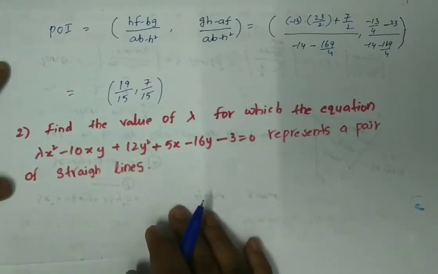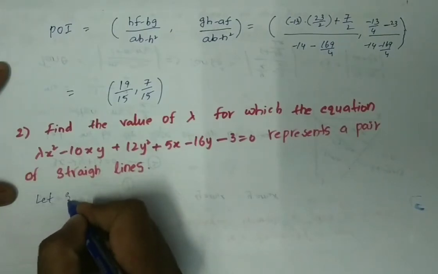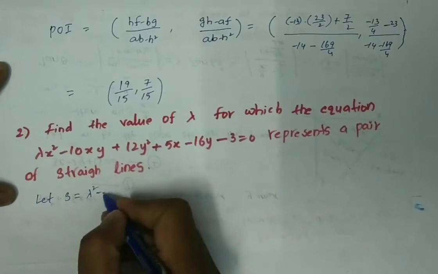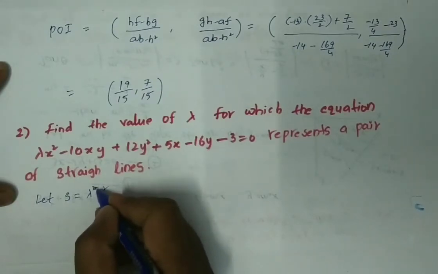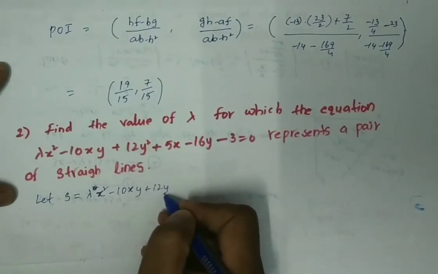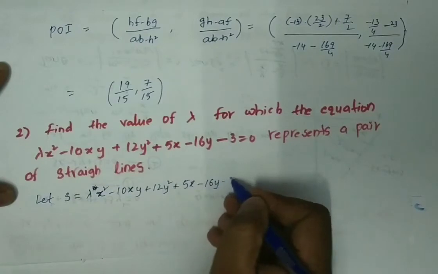First, let us consider the given equation as S. S is nothing but lambda x square minus 10xy plus 12y square plus 5x minus 16y minus 3 is equal to 0.